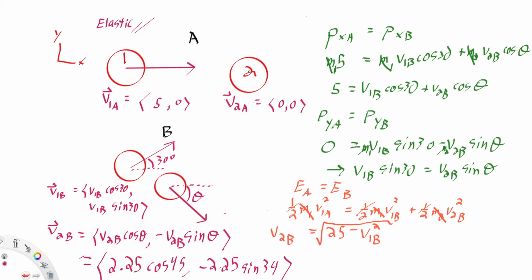Yep. And the same for V1B. So V1B in vector form is 2.75 cosine 30 in the x direction, 2.75 sine 30 in the y direction.